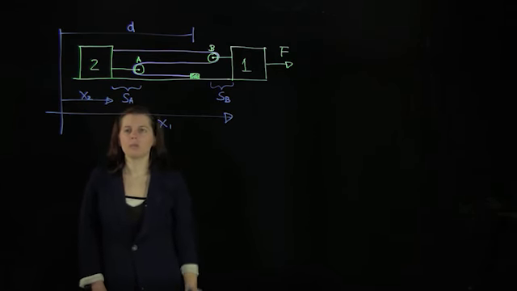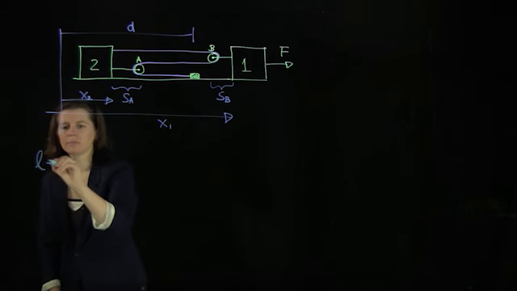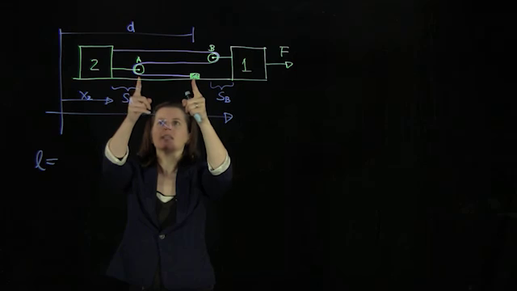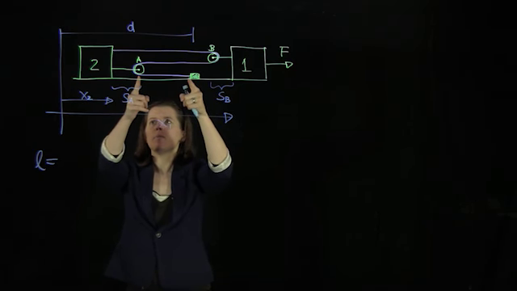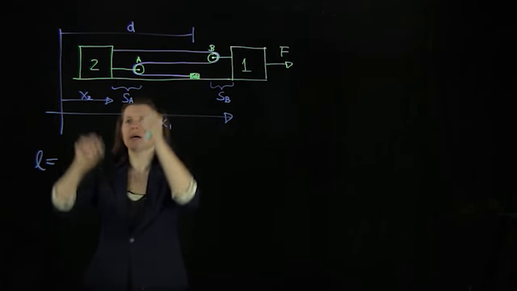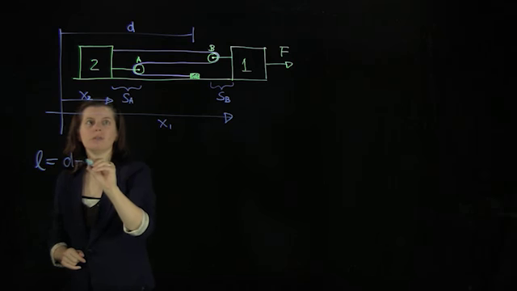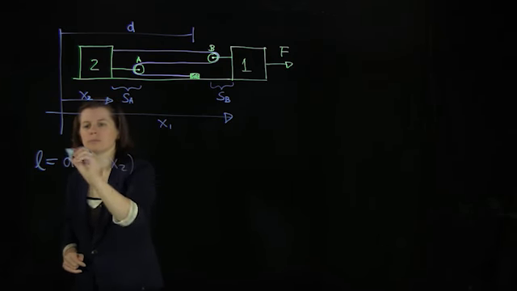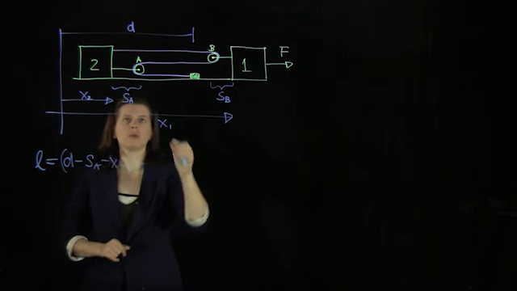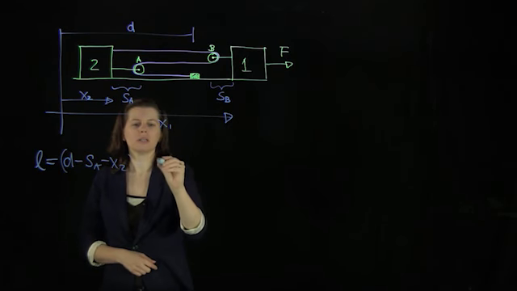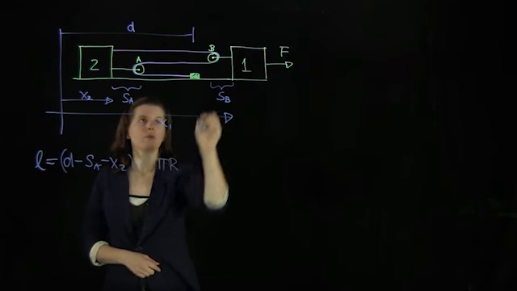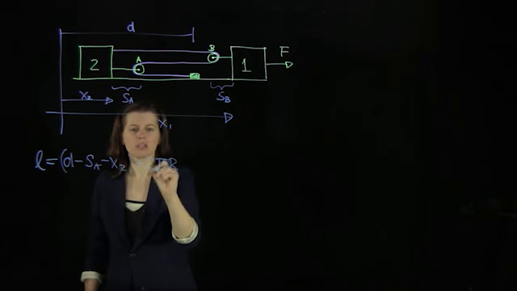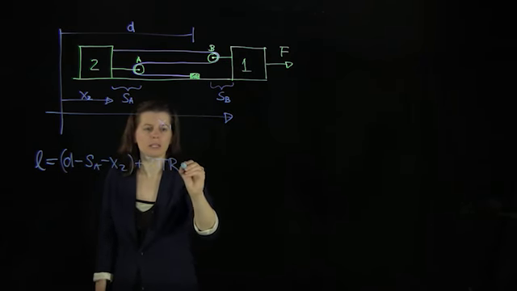So now we can tally up the length. Let's start with this portion here. That is D minus SA minus x2. And then we have a half circle here, pi r, and we know actually that there's another half circle going to come there, so we can just write 2 pi r immediately.